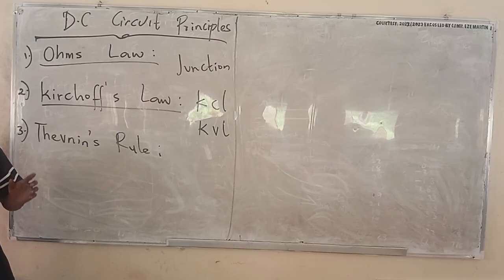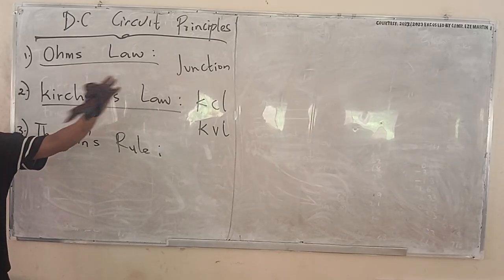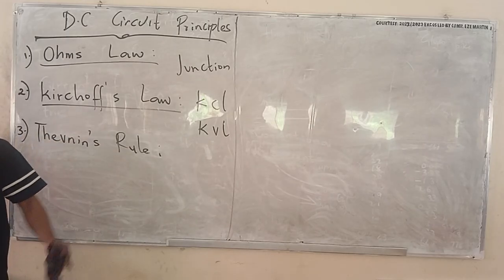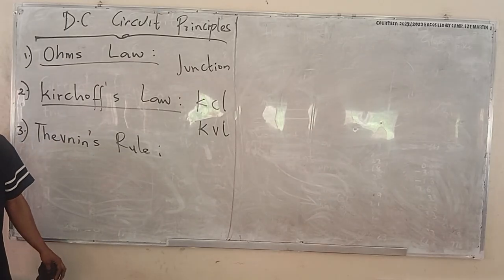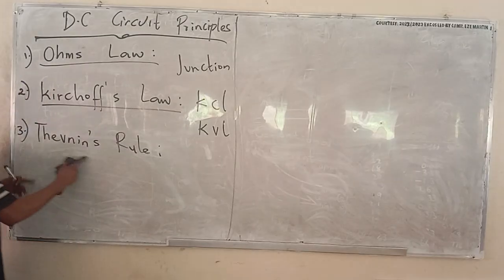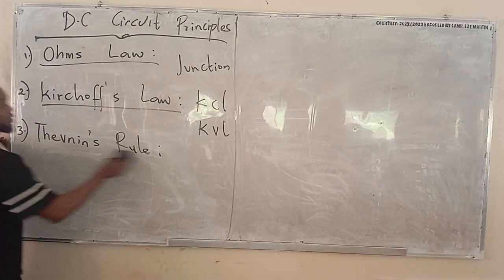So if we have as many resistances and voltages as possible in a circuit, we can just round it up to just one resistance and one voltage, and we call that Thevenin's circuit. This is the spelling of Thevenin circuit.